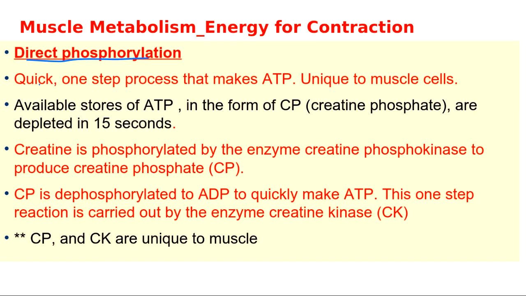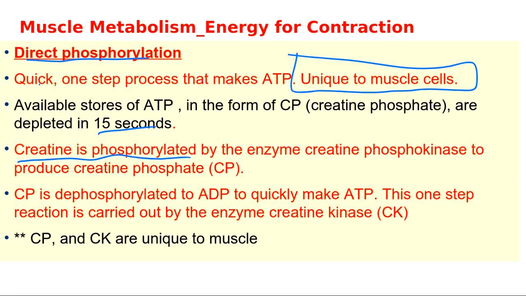This is unique to skeletal muscle cells, and actually cardiac muscle cells also have this mechanism. So it's unique to cardiac and skeletal muscle cells. It produces enough ATP to last for a few seconds. The process requires an enzyme called creatine phosphokinase, or CK. So creatine kinase or creatine phosphokinase, same enzyme, CK.